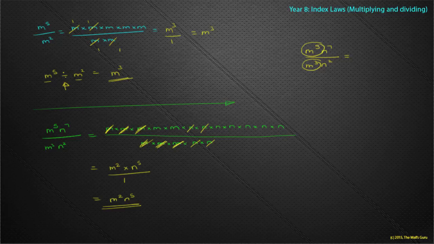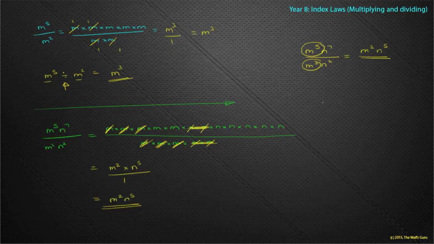So 5 on the top and 3 on the bottom meant there were 2 m's left, because I did 5 take away the 3. Well, let's look at my n's. I had 7 on the top and 2 on the bottom. When I cancelled the 2 on the bottom, what did I have left? 5 n's. So 7 take away 2 gave me n to the floaty 5. My goodness, Mr. Smith, this is jolly good.